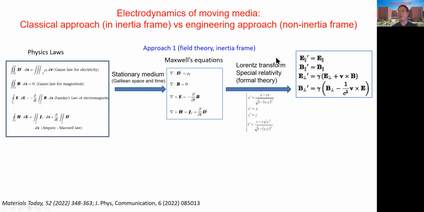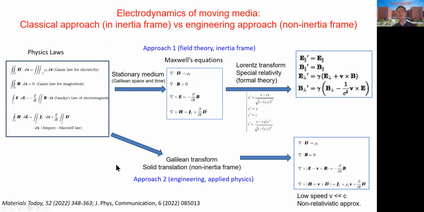They can get a relationship between the field observed in the moving frame and in the lab frame. This uses the Lorentz transformation, which works excellently for any moving speed, but is mostly easy to apply in a vacuum. If you apply it to a medium, especially with boundaries, it's not easy to do.